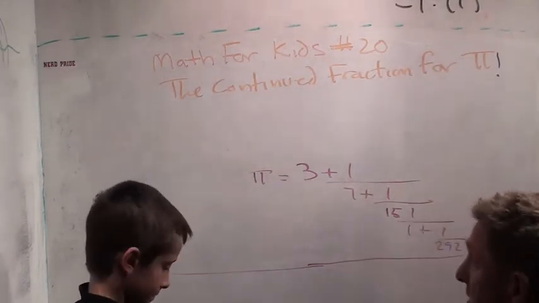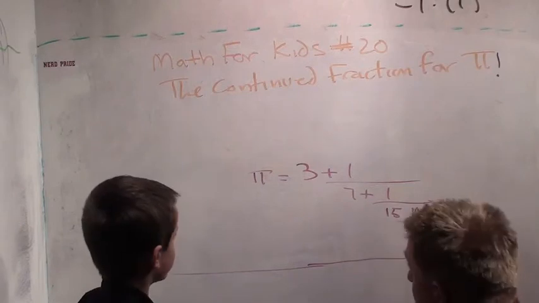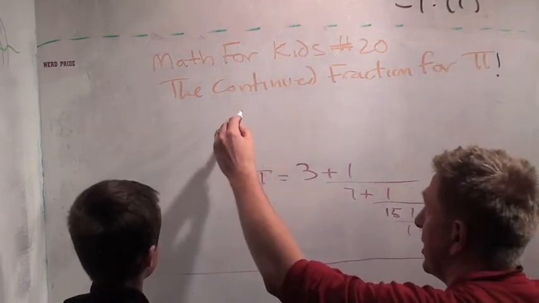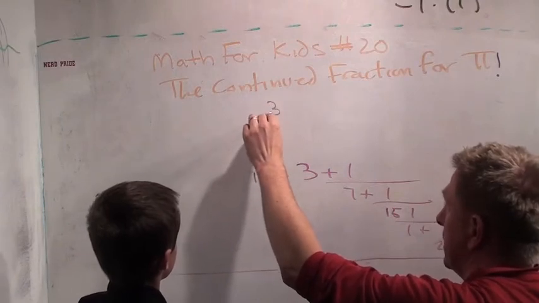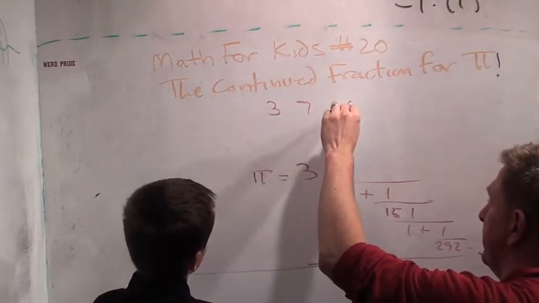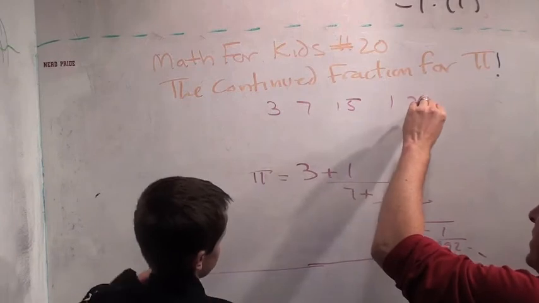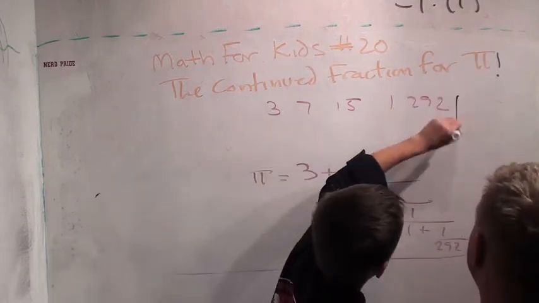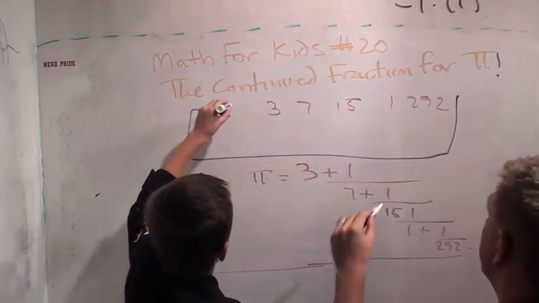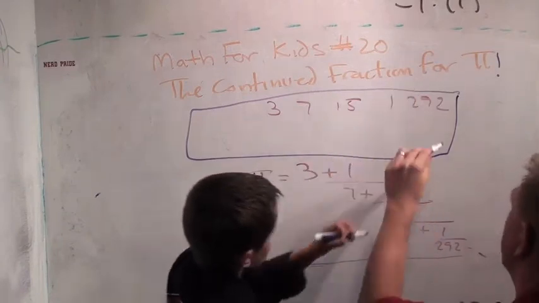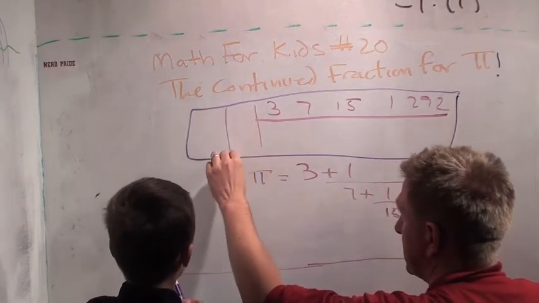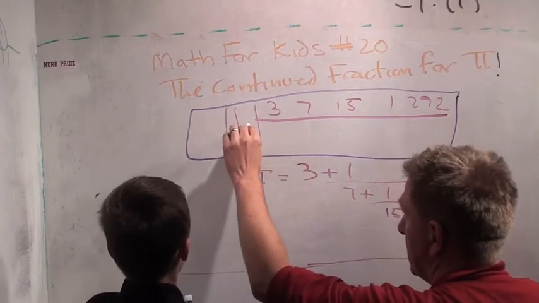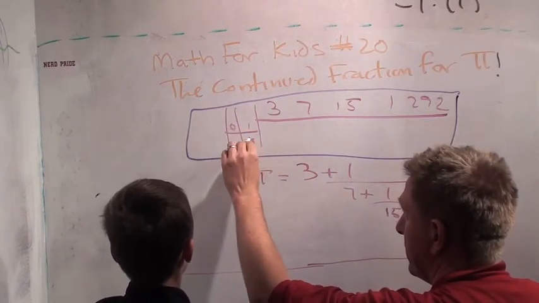But we're going to do our magic continued fraction machine and see if we can get some interesting approximations for pi. So first we write down 3, 7, 15, 1, and 292. Here's the box. Then we're going to write 1, 0, 0, 1.